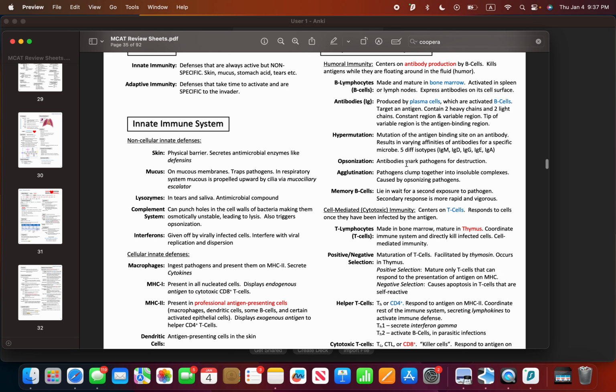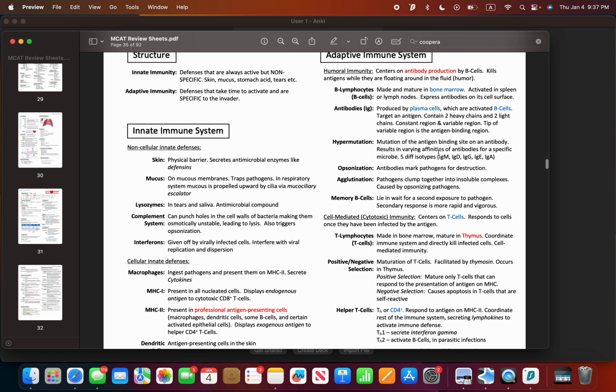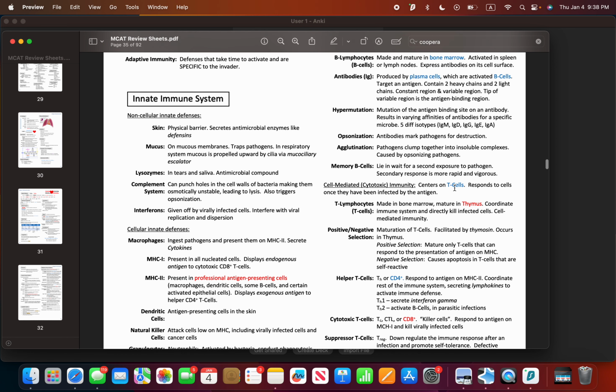Remember that in humoral immunity, they kill antigens while they are floating around in the fluid in our blood. But for T cells, for cytotoxic immunity, it takes place when our cells are already infected by the antigen.